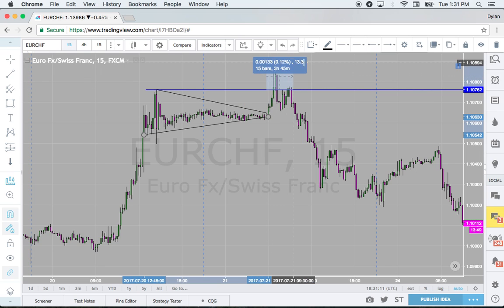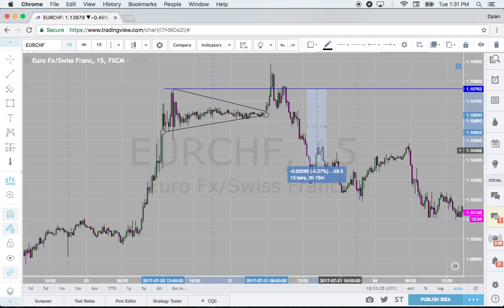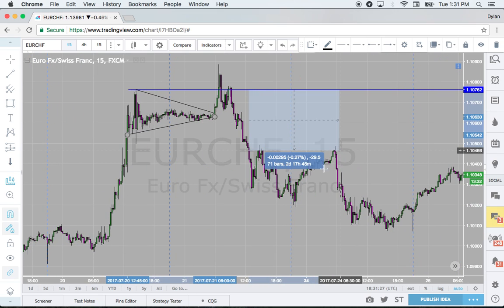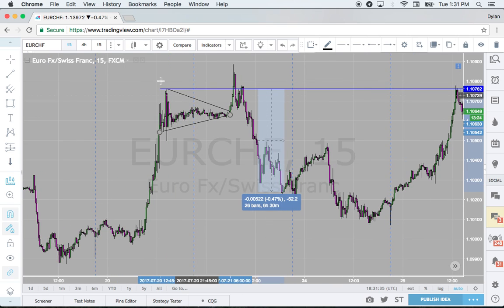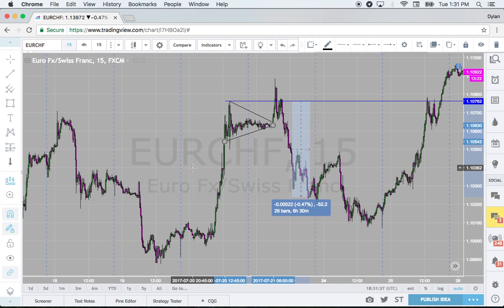The price went about 12 pips into drawdown, which I was sleeping at the time. I woke up and price was about right here, 50 pips in profit. Very nice trade setup. I stopped myself out Asian session for about 50 pips at the start of Asian session here. So very nice trade setup.